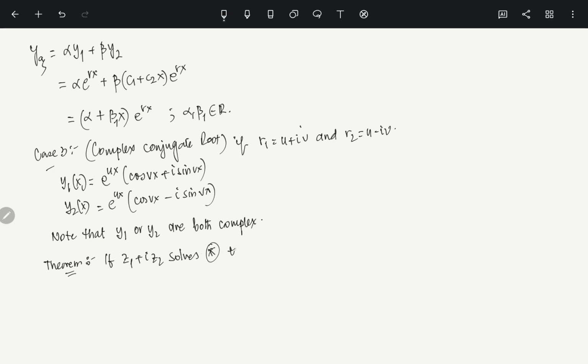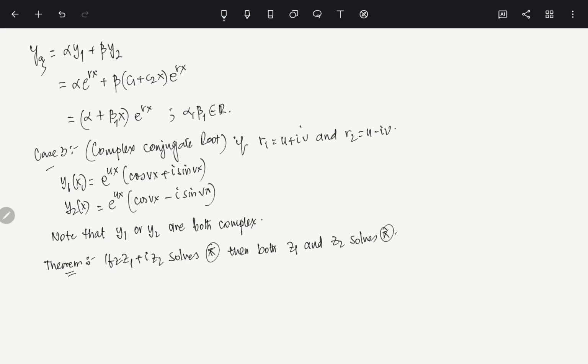Then both z1 and z2 solve star. So, z1 and z2 are real functions, and z, which is given by z1 plus iz2, solves the equation. Then individually z1 and z2, those are real functions, and they solve star.